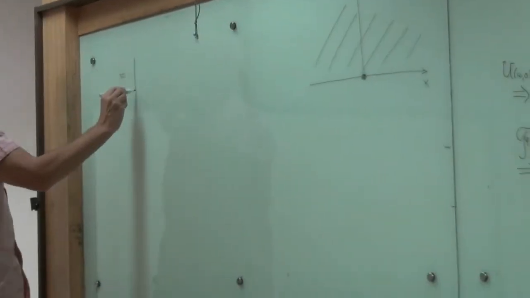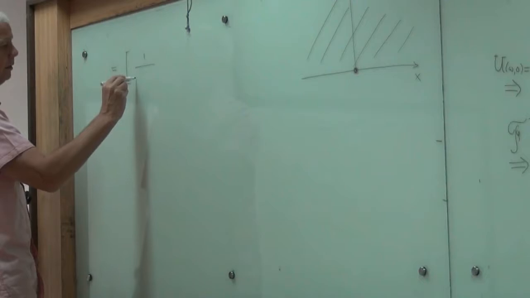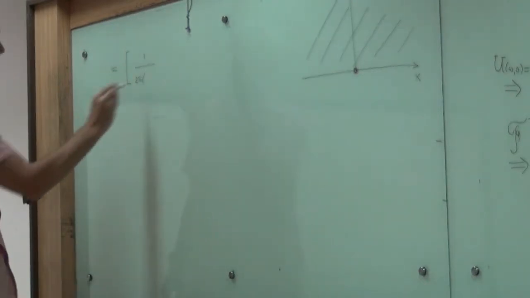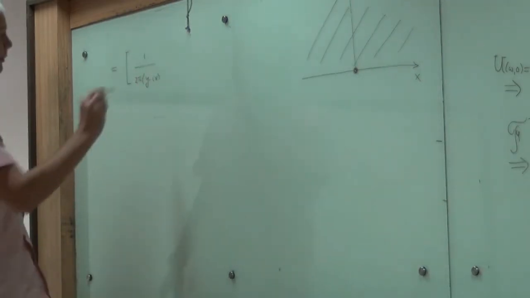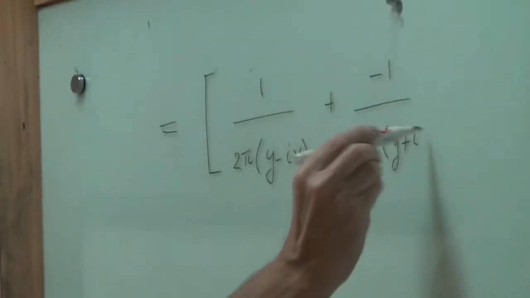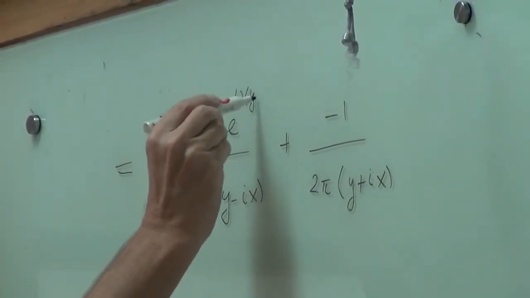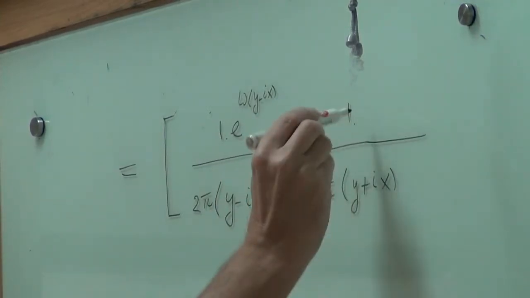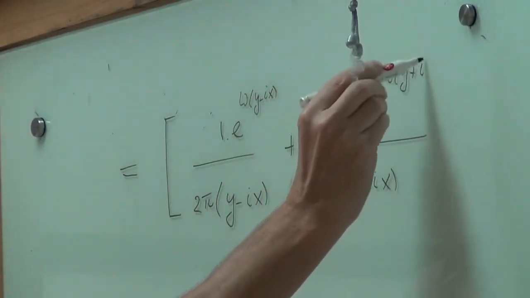And then I will find the following as a primitive, and then I will get 1 over 2 pi times y minus ix, and the other one will give me minus 1 over 2 pi times y plus ix, and then I have to substitute here e to the power omega times y minus ix, and here e to the power minus omega times y plus ix.